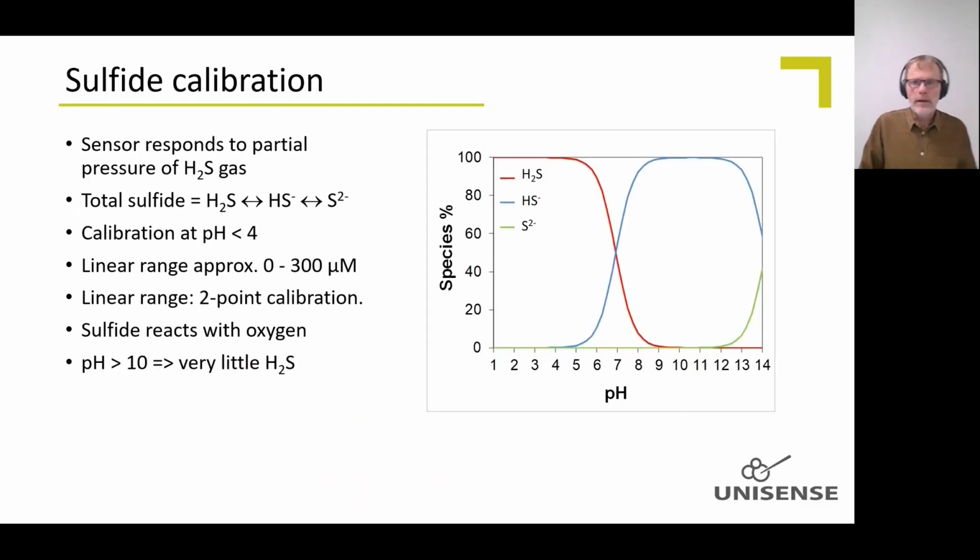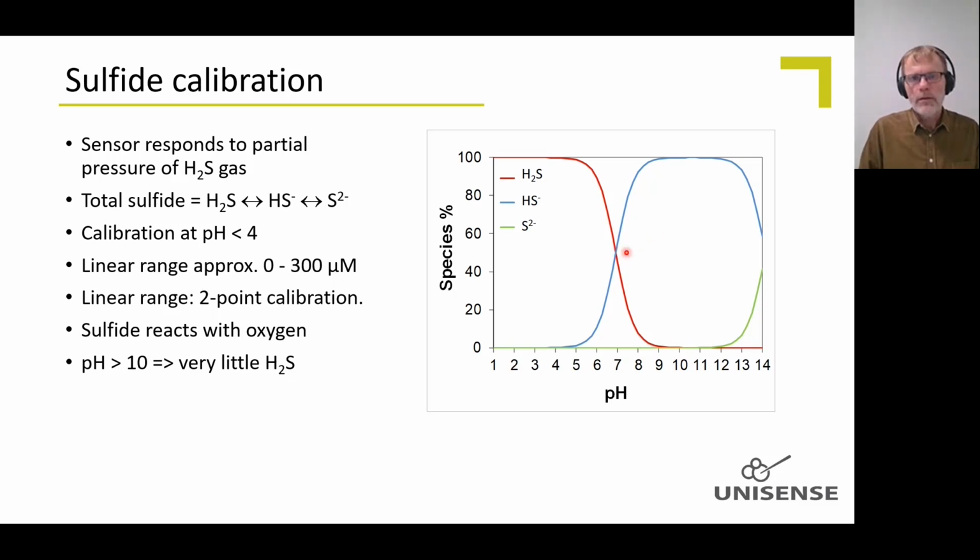Sulfide is a special case also for calibration, because the sensors measure the H2S form of the sulfide, whereas this total sulfide pool consists of the H2S gas that's dissolved in water, plus the HS minus and the S2 minus ions. They're in a pH-dependent equilibrium, as you can see here.